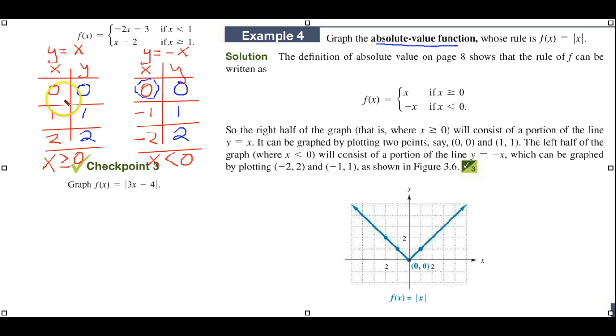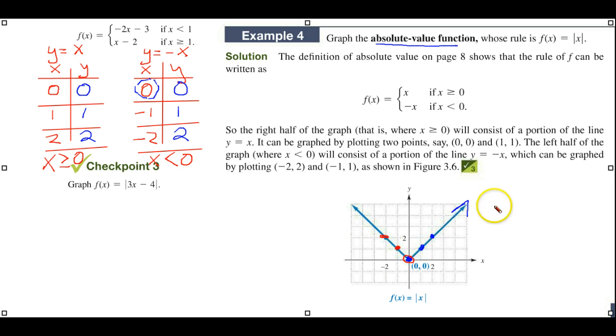So when we put this on a graph, this part of our piecewise, this piece, gives us this, a solid dot there, this one, and this one, and of course creates this line. While the other, this, it anchors it to 0, but that would be the hollow for this part, and then over 1, negative 1, up 1, negative 2, up 2.